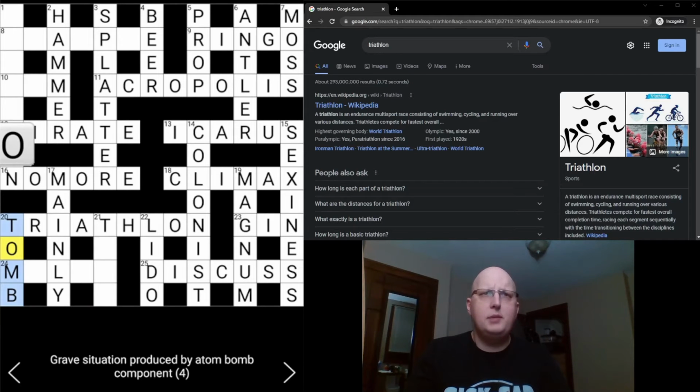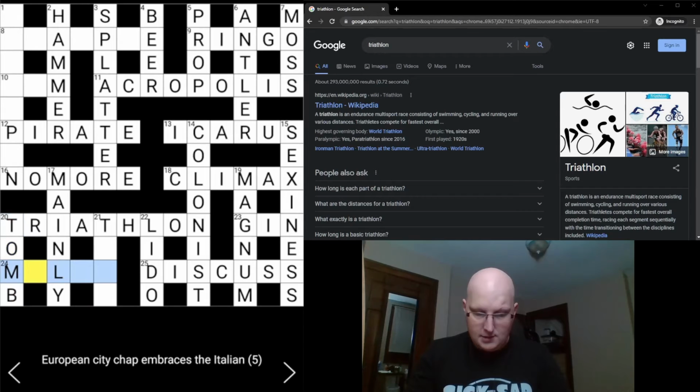Atom bomb component is TOMB from the end of atom and the first letter of bomb. And that's obviously a grave. Situation produced by. I really don't know, because a grave situation. I guess situation can mean a place, like a place that something is situated. So oh yes, okay, so that is what it is. A grave is inside a tomb. A tomb is a place where you have graves, like indoors, inside a tomb, as it were.